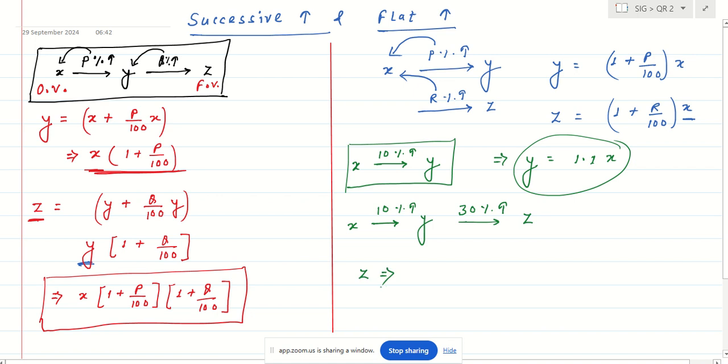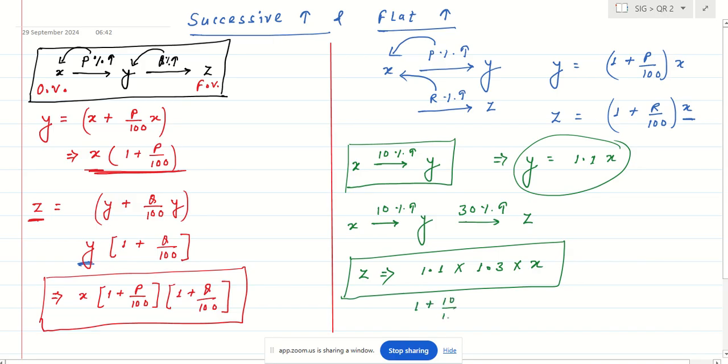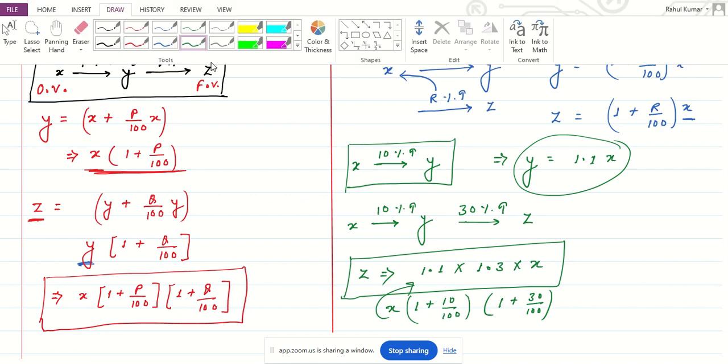So z equals 1.1 for the first increment, the next increment 1.3, into x. 10% means 1 plus 10% because increment is given. Now again 1 plus 30%, into the original value. Same thing.